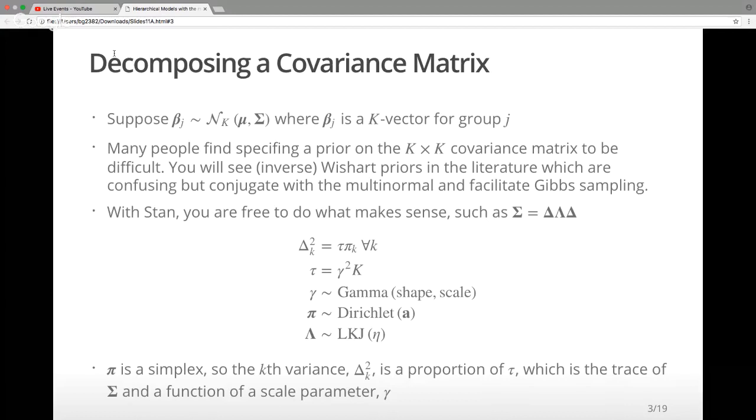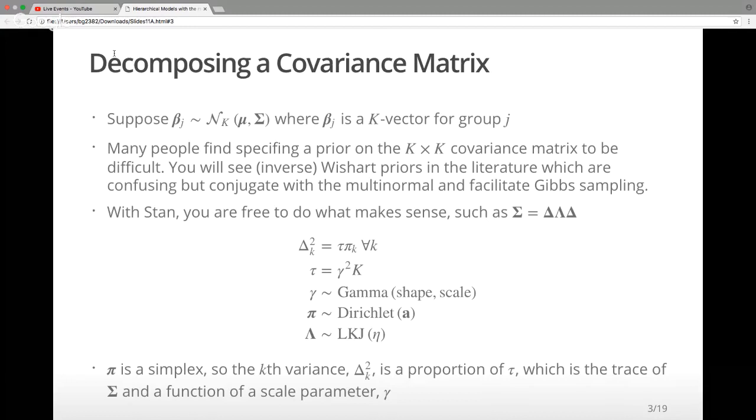Both the correlation matrix and the diagonal matrix of standard deviations are easier to reason about, easier to come up with good priors for, than for a covariance matrix like sigma as a whole. And if we can specify priors on the diagonal elements of delta and the correlation matrix lambda, then that implies some beliefs about sigma that are reasonable if our beliefs about delta and lambda are sensible. So to start with, we're going to decompose sigma in this way.